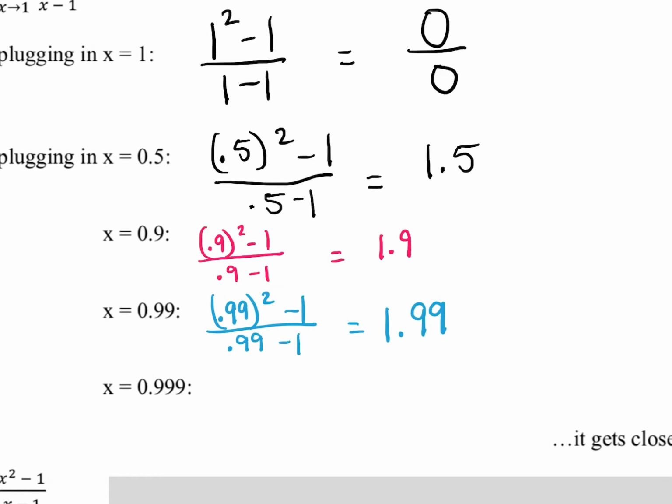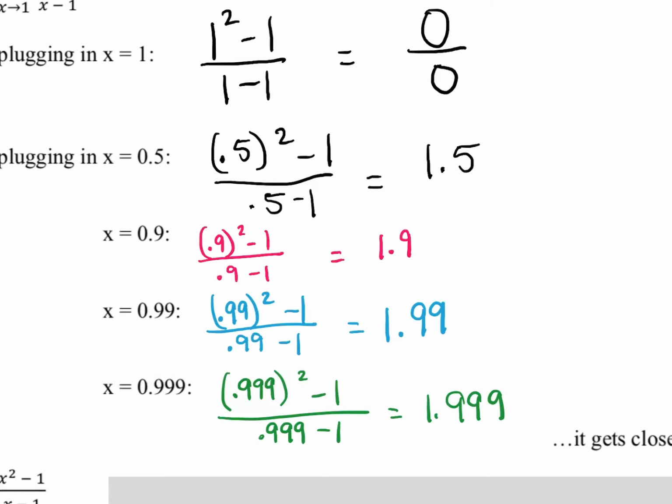Try even further, 0.999 or 999 thousandths. If we square that, subtract 1, and then divide by 0.999 minus 1, that gets us 1.999.